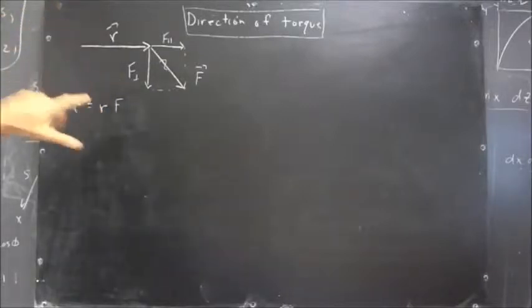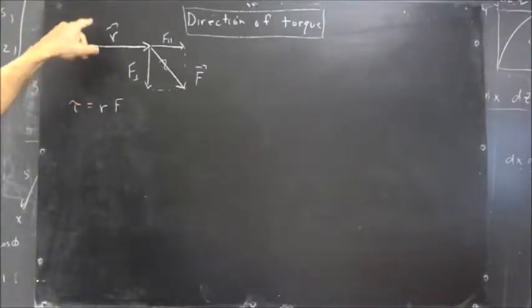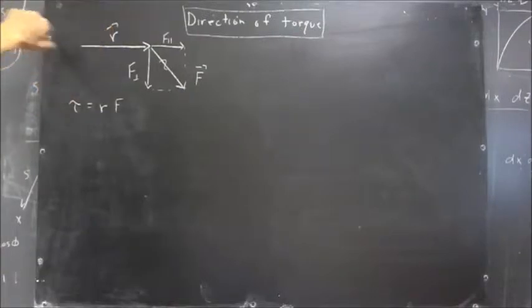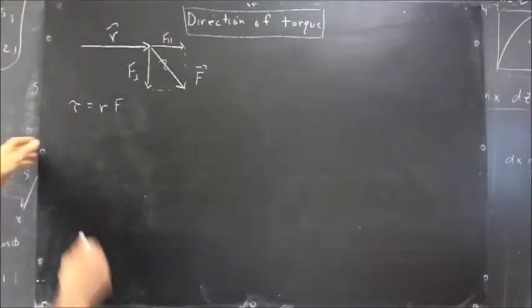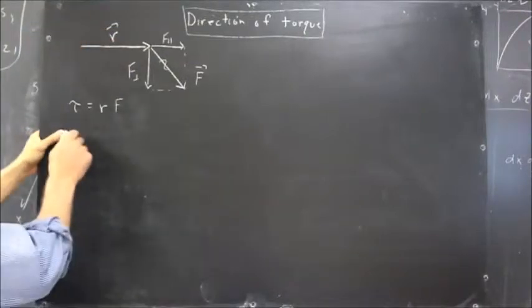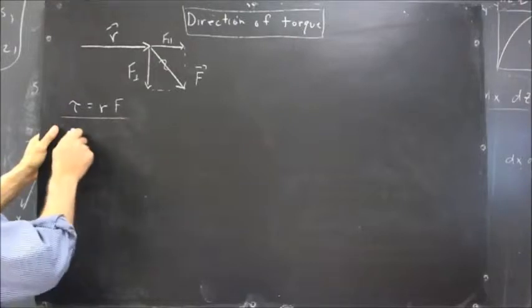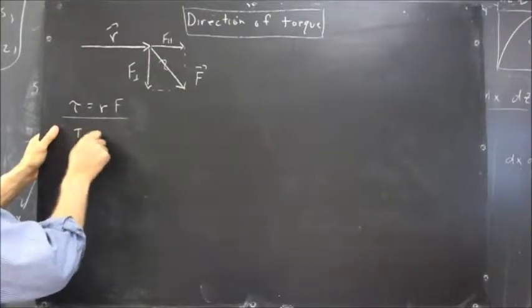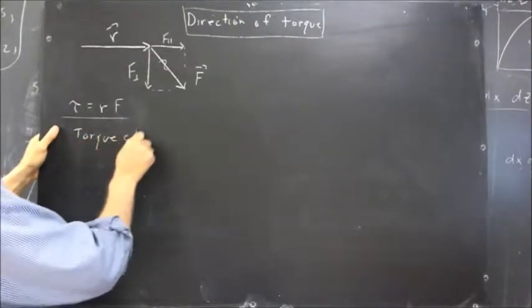If we want a single direction for the torque, though, this isn't a single direction. This is a number of directions. You can't draw an arrow in the direction of the torque here. So here the torque is clockwise.